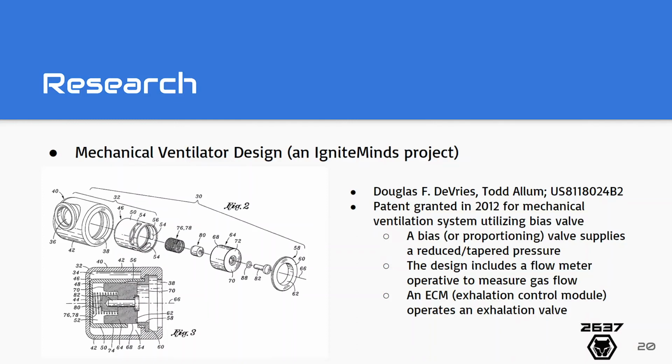So if you're designing a ventilator, you'll know that you need to be able to control the gas flow, and the pressure or the volume or both, to make sure that the patient is going to survive, basically. And this particular design also has an ECM, an exhalation control module, that operates an exhalation valve.